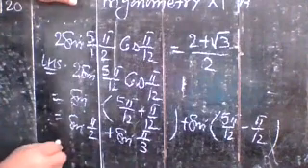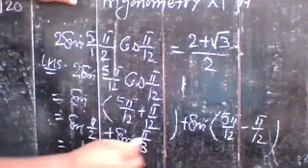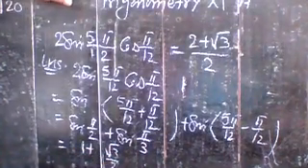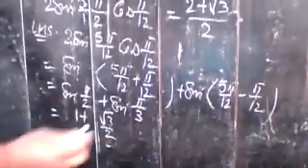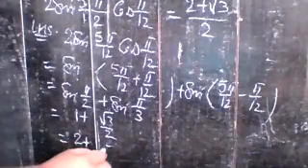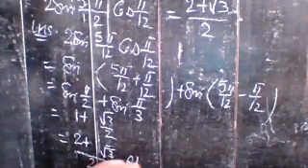Now write its value. Sin pi by 2 means sin 90 degrees, which is 1, plus sin pi by 3, which is root 3 by 2. Taking the LCM, that is (2 plus root 3) whole upon 2. Yes, that is your right side.